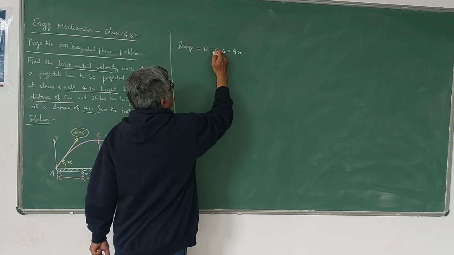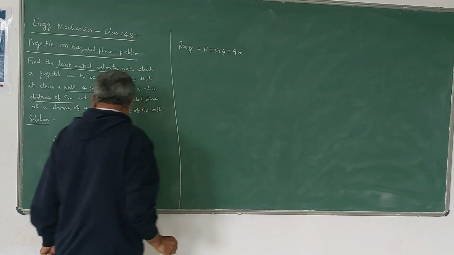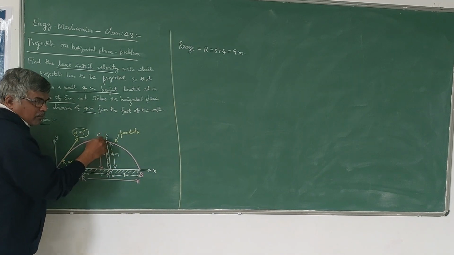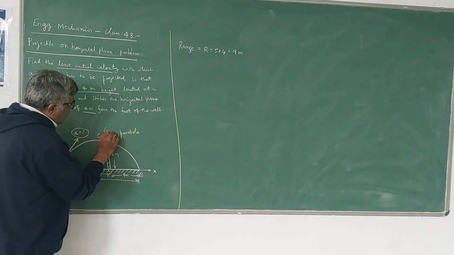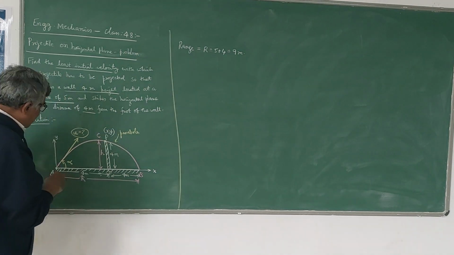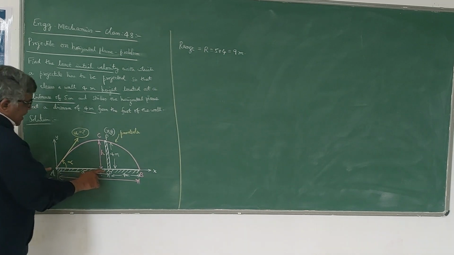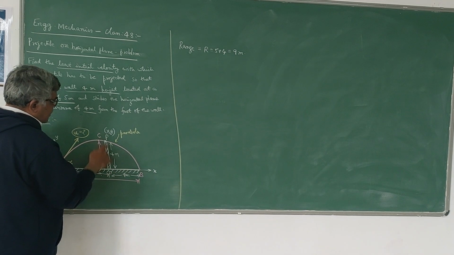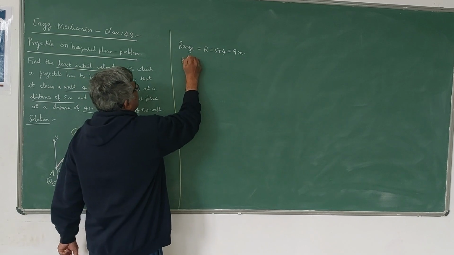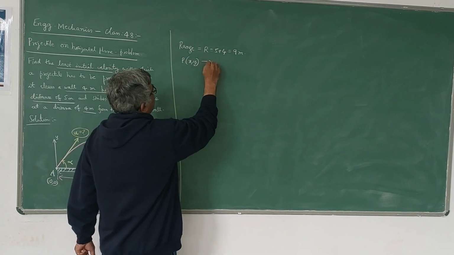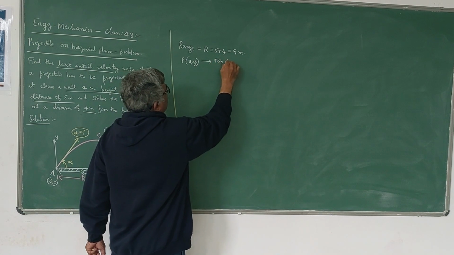That is known. And he has given that the projectile passes through this point P, that is the top of the wall. I will take the coordinates of this P as x comma y. Treating A as the origin, x will be 5 meters, y will be 4 meters. So P x y is nothing but the top of the wall.